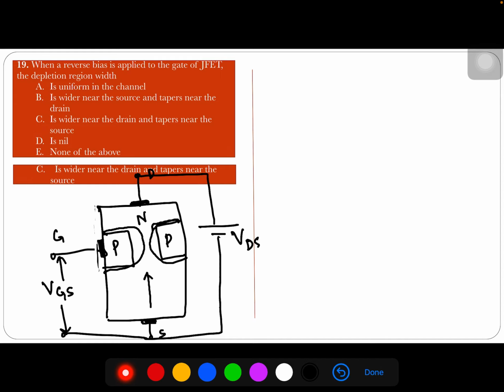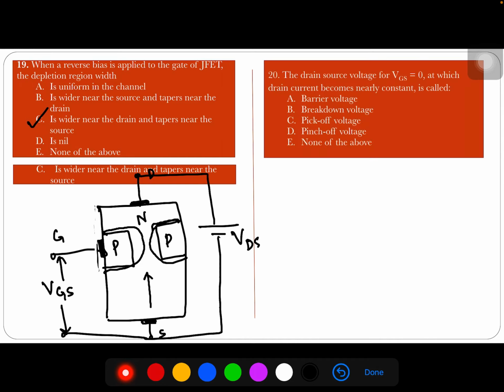So as we move from source to drain, the depletion layer width increases, and it is less in the other portion. It is tapered near the source and wider near the drain side. So the correct option is C, wider near the drain and tapers near the source.